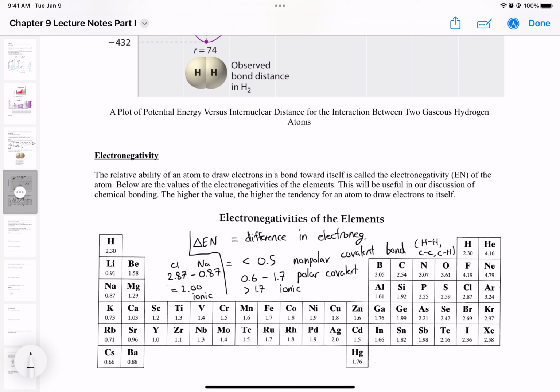Okay? So that's how we would classify these bonds. But we don't have to worry about these numbers too much, because just by looking at a molecule, you should say, okay, well, they have two very different electronegativities, so they should be polar or ionic. Or they have two similar electronegativity values, so they should be similar. So this is a trend you want to devote to your heart because it'll be very important when discussing other topics of chemistry.